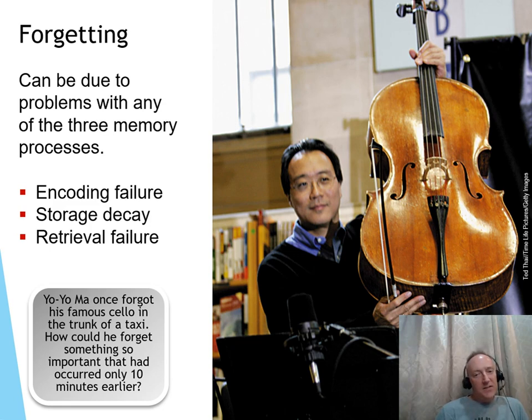And this example with Yo-Yo Ma shows that remembering things takes some effort, and that if you're distracted, if you're not thinking about something, if your attention is elsewhere, you can forget everything.